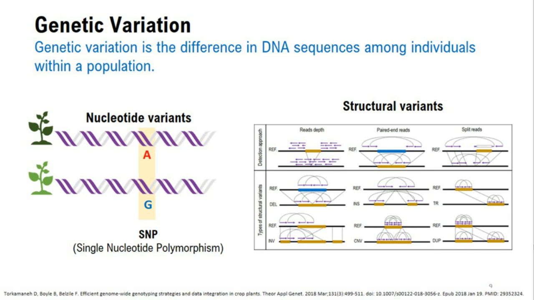The most common one is the SNP, or single nucleotide polymorphism. The second type of genetic variation is called structural variants. They are mostly larger than 50 base pairs, and they can be seen as large deletions, insertions, translocations, inversions, duplications, or copy number variations.